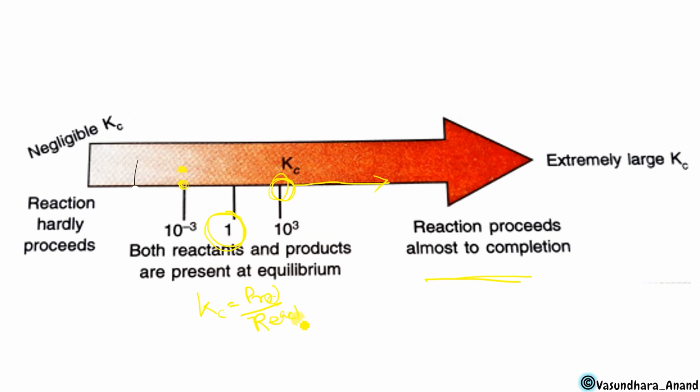So this is the stage of equilibrium. And if Kc becomes extremely large, the reaction has finished, there is nothing left to be completed.